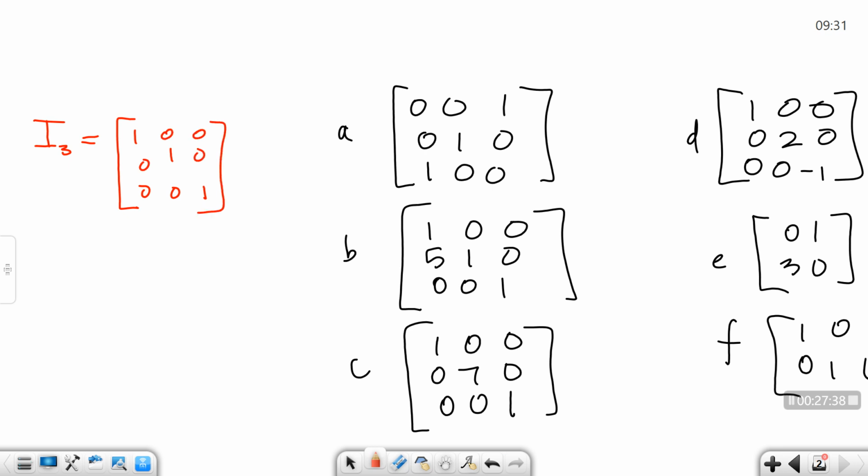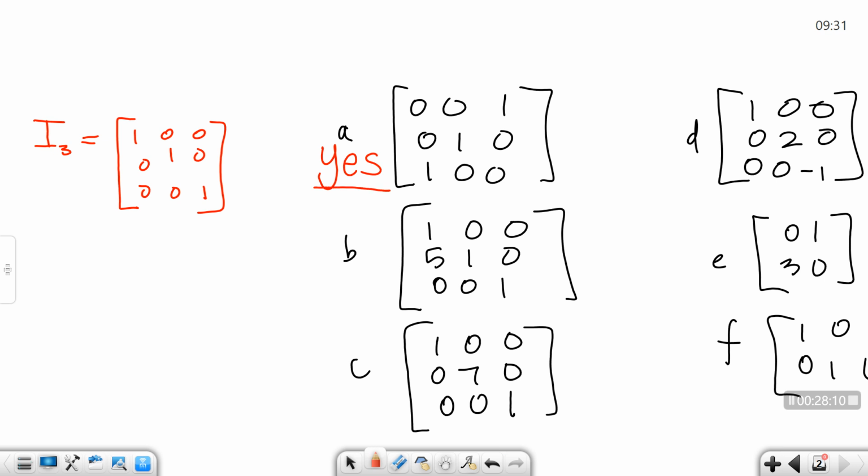Okay, so you have 3 elementary row operations. Those are interchange 2 rows, multiply a row by a constant, or multiply a row by a constant and add it to another row. So let's stick with our 3 by 3s for now. I'm going to look at these A, B, C, and D for a second. Can I get from the red matrix to the given matrix by one step? That's what I'm looking for. My answer to A is yes, I can.